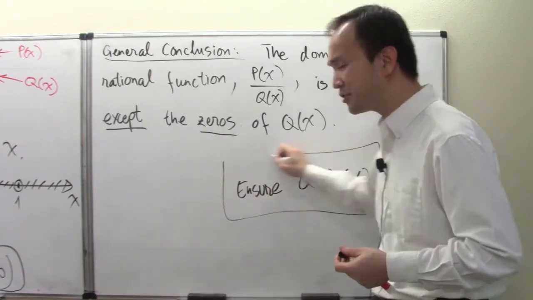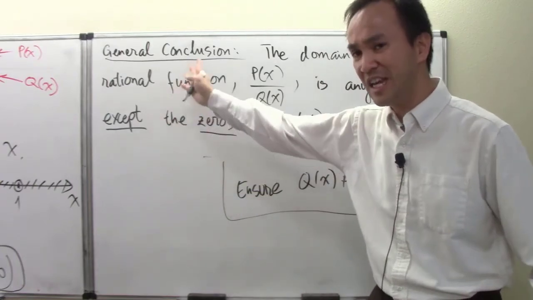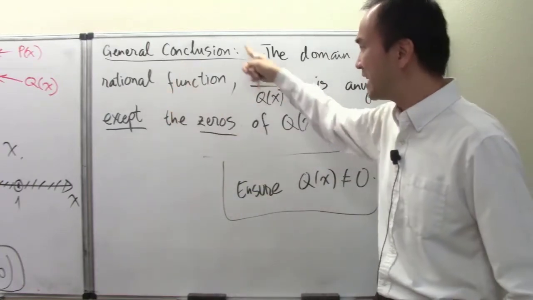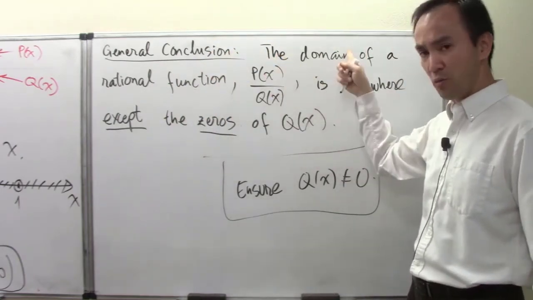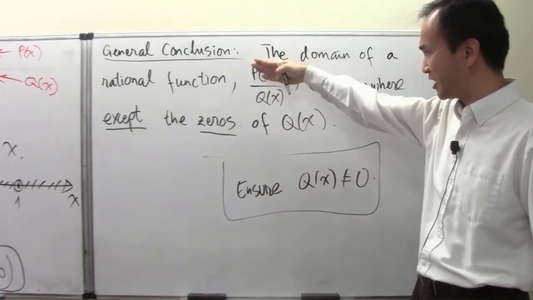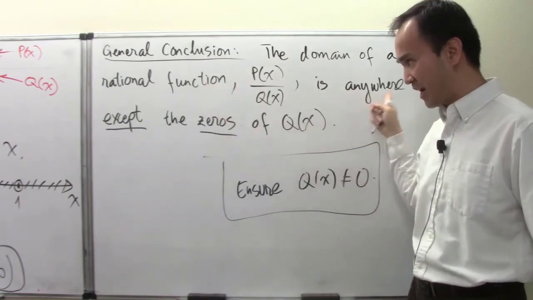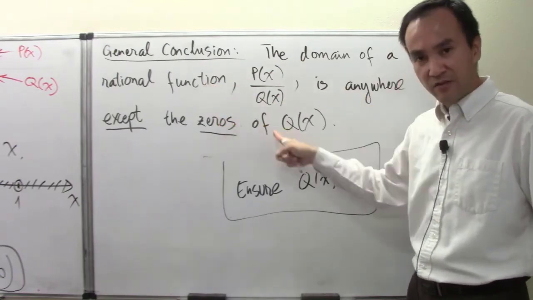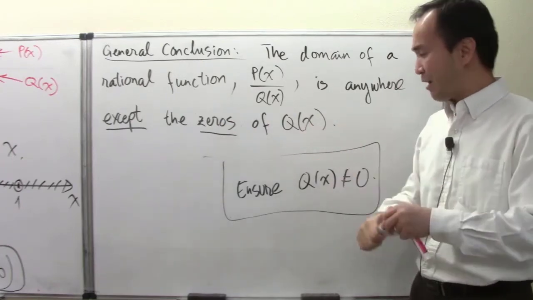This is the major goal. Because we want to serve that goal, we come up with techniques and methods. Another way of seeing it is that the final domain is all because we want to ensure this. So consequently, the domain of any rational function is simply any x values except the zeros of q of x. All right, so it's now all connected.